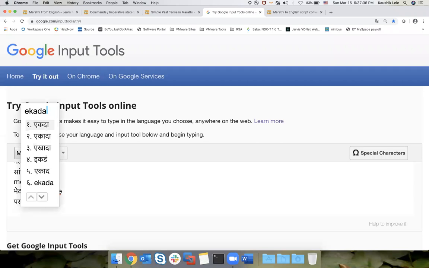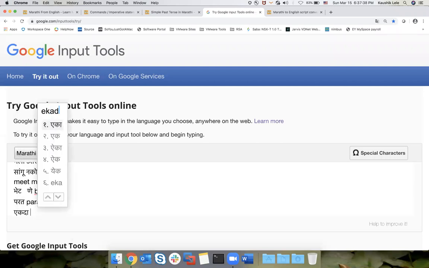Ekda means once. So like you say one time or once, it will be ekda. Two times, it will be donda. Three times, it will be teenda. Four times, charda. So it indicates time. So if you want to say meet me once more, mala ajun ekda bhet.